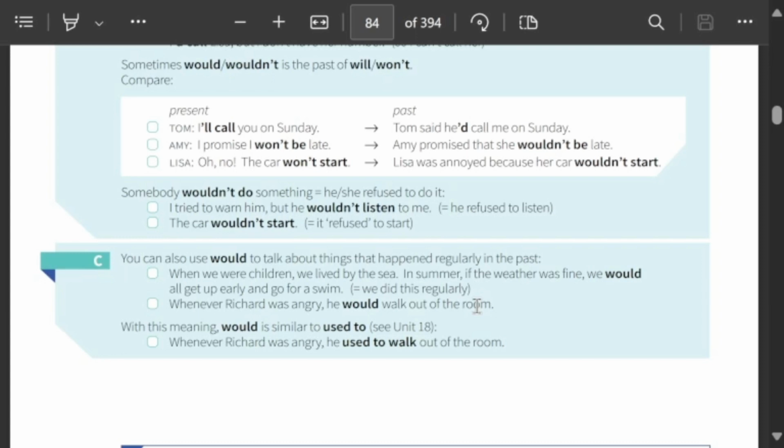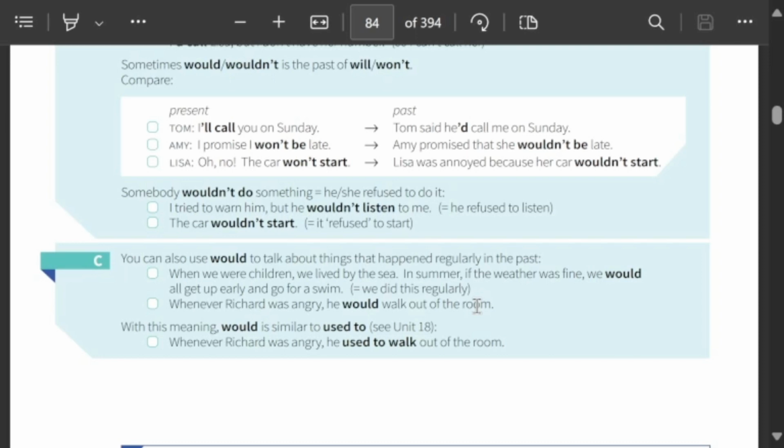For example, he always walks in the present. But in the past, he always used to walk, or he would always walk. But not he always walked.